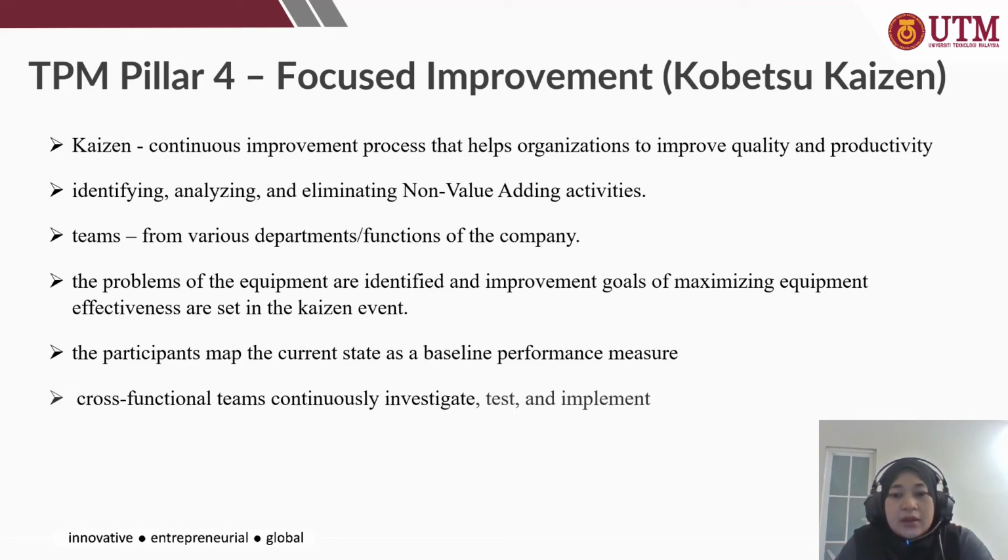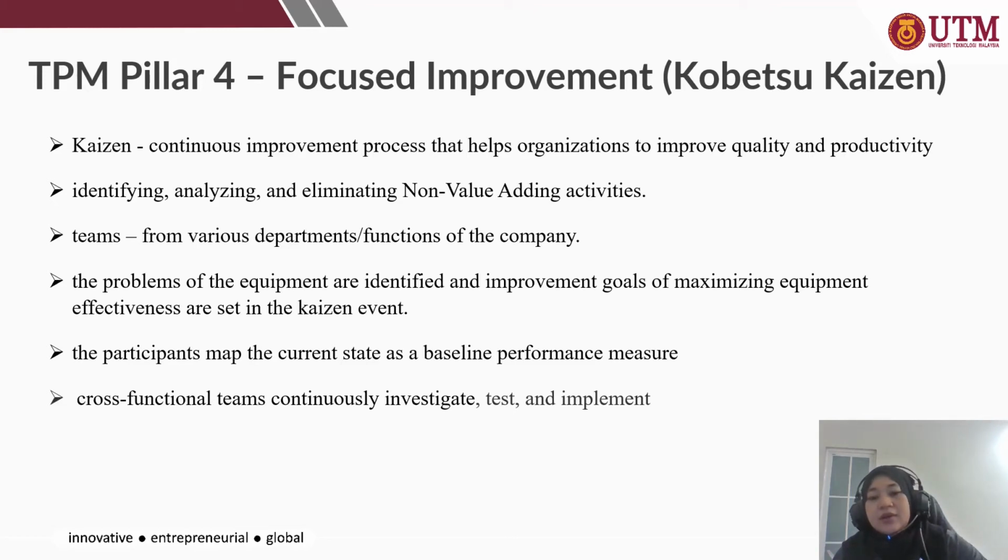So why do we need to have a collaboration team from the various departments or functions? Because by having this, we can get many points of view, many angles on the problems.